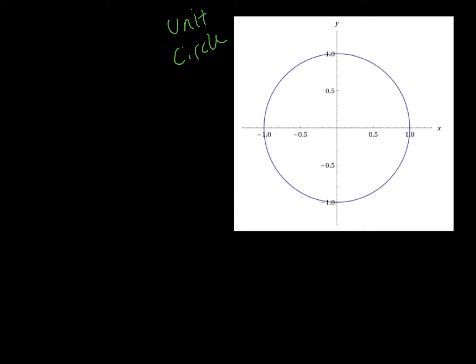Okay? And so let's consider an angle. Just use this right here, and this angle is constructed using these two lines. And so the way it works, a positive angle always moves counterclockwise.